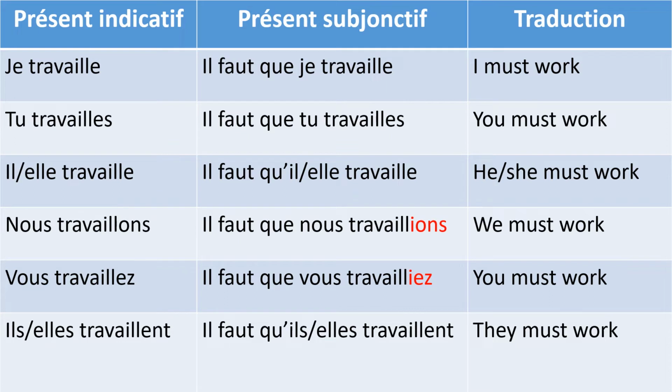They must work. So, as you can see, it's pretty much the same as the present of the indicative for ER verbs, except aller. Aller is not an ER verb, even though it ends with ER. It's a third group verb, so it's going to have an irregular conjugation.